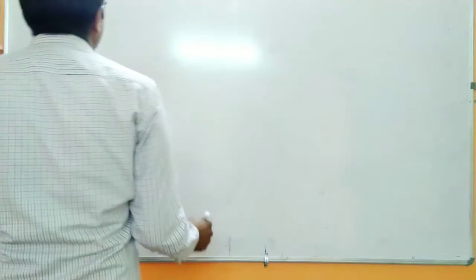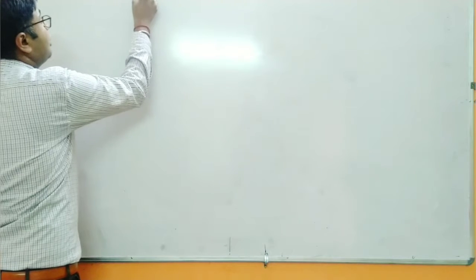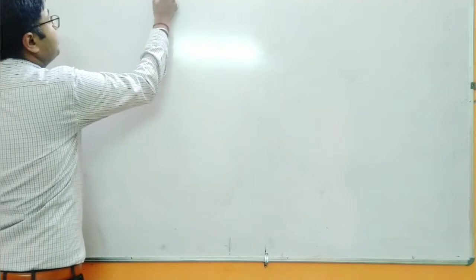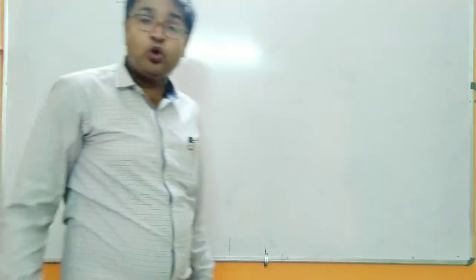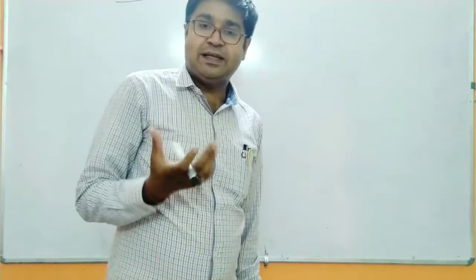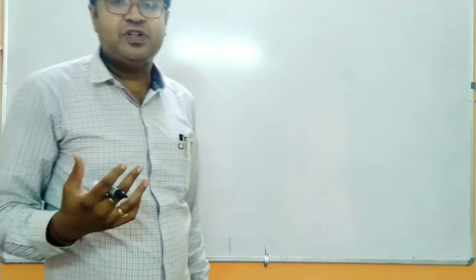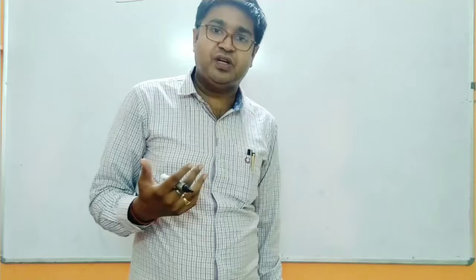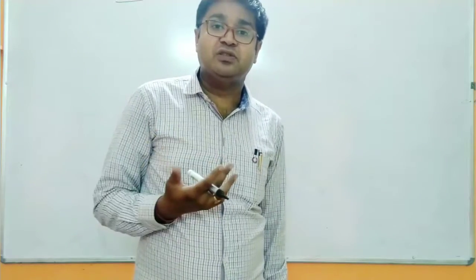Now if you're talking about encoders, encoders are those devices which encode. Its name suggests something which is actually coding something. Now if there is a code, there must be a conversion. So what kind of conversion are we talking about?